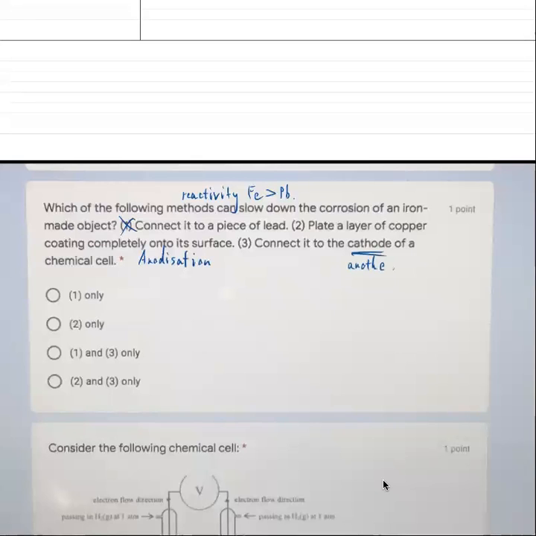Please check your Unit 13 notes from last year. It's not a chemical cell. It should be the electrolytic cell. You're not doing a chemical cell. Okay, so next one.